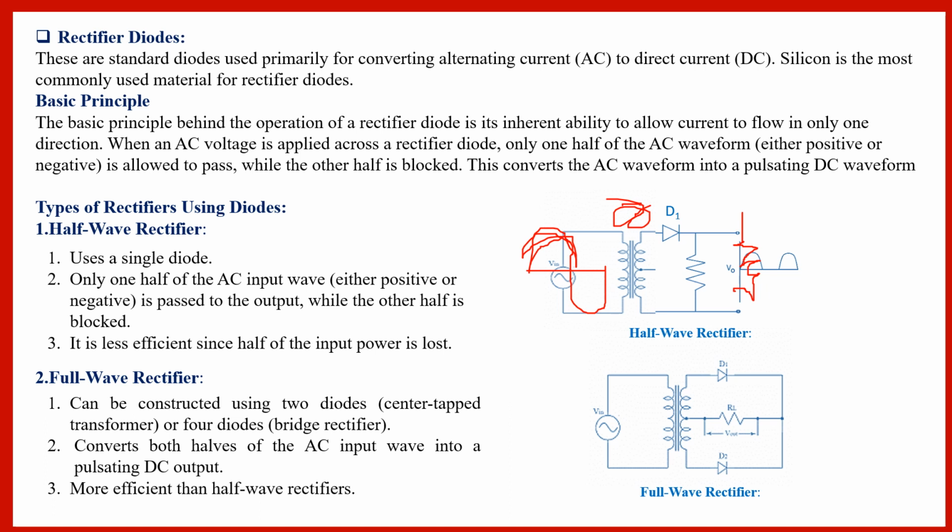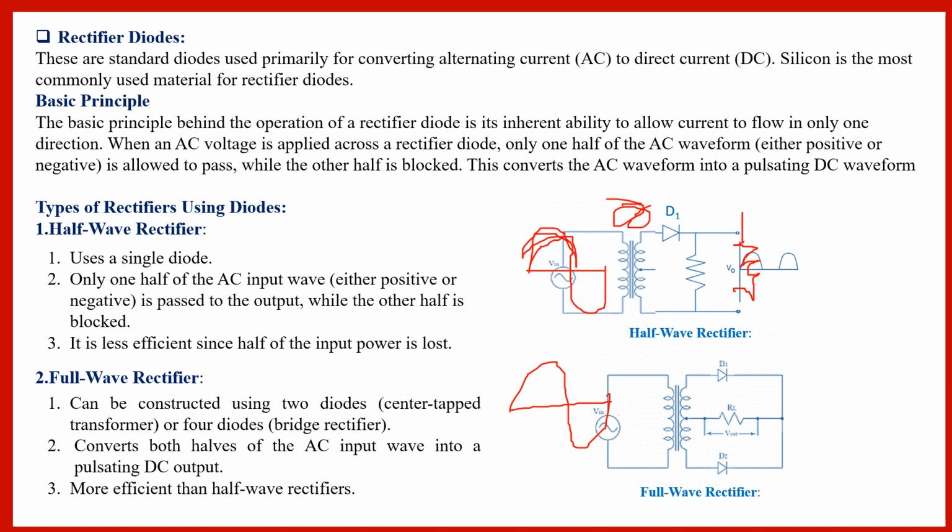If we apply the AC wave here, during the positive half cycle of this particular wave, this end of the secondary winding becomes positive, and this end becomes negative.